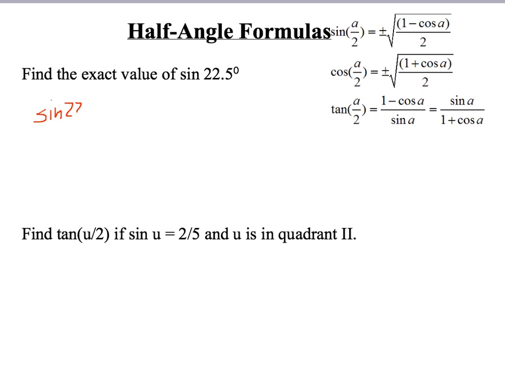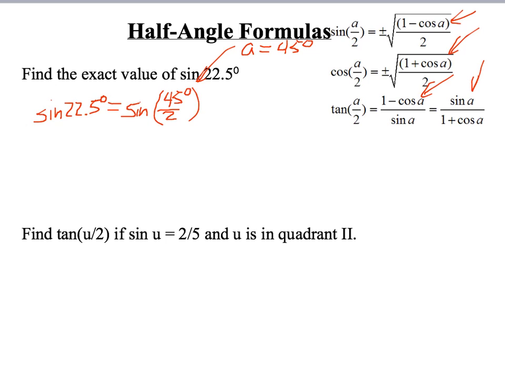The sine of 22.5 degrees equals, and let's rewrite it as the sine of 45 degrees divided by 2. In this particular setup, my A value is 45 degrees.